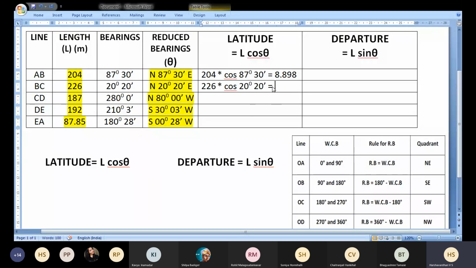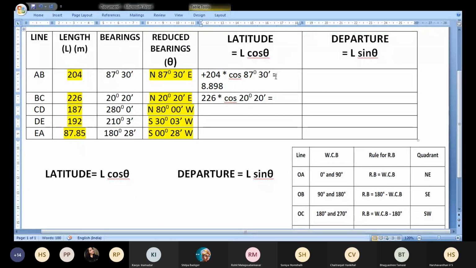Okay, one more thing. You have to consider sign convention as well. For line AB, when you are considering latitude, you should check whether it is northwards or southwards. If for line AB it is northwards, it is plus. And for line BC also, it is with respect to north, so here also it will be plus.